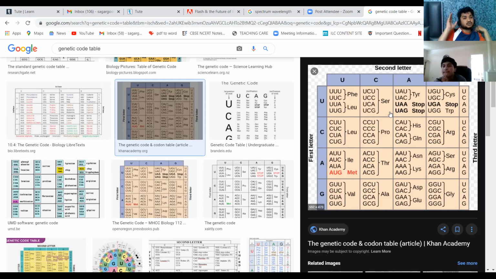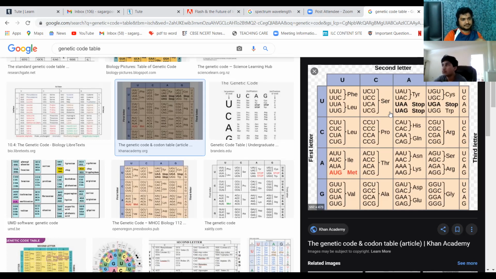Their function is just to stop the process of translation. That's why these three codons are also known as nonsense codons. Nonsense means they are not coding for anything, they are just stopping translation. But the other ones code for the different types of amino acids.